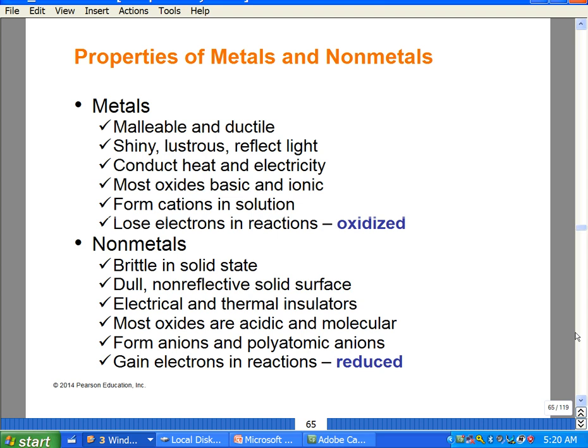On the other hand, your nonmetals are more brittle, they're dull, they don't reflect light, they're kind of boring. But we can predict a trend based on the periodic table that tells us how close to looking like a metal something is.